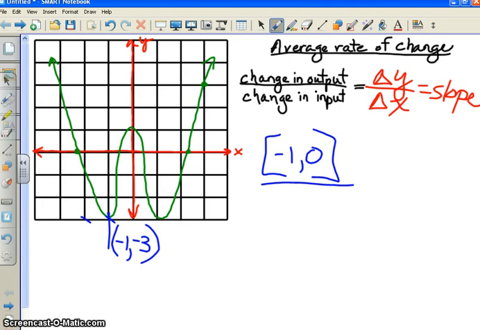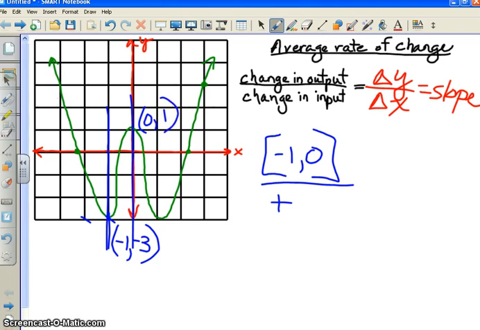The next little section that we'll look at is what happens on the graph between -1 and 0. Well, here's -1, here is 0. Notice the graph is increasing, going uphill, so that means my average rate of change is going to be positive. And then my value of my relative max here, my turning point up here, is at (0, 1).